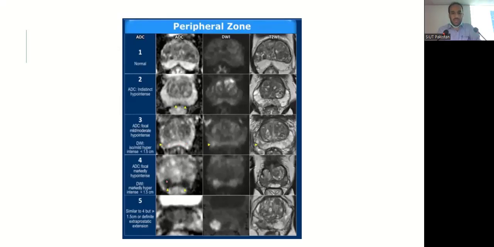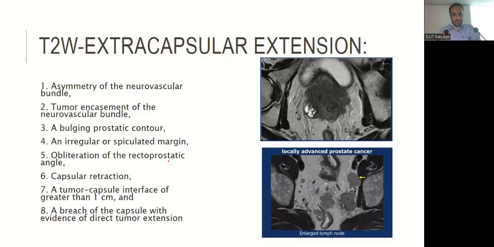And this one is the hypointense area. This picture in diffusion weighted imaging is also markedly hyperintense. In the peripheral zone on the ADC, this area is hypointense and focal, markedly. This one. Fourth is also similar to the fifth.